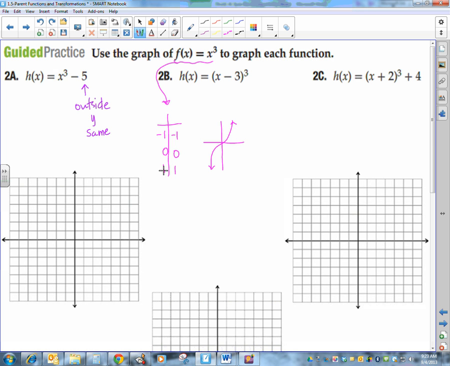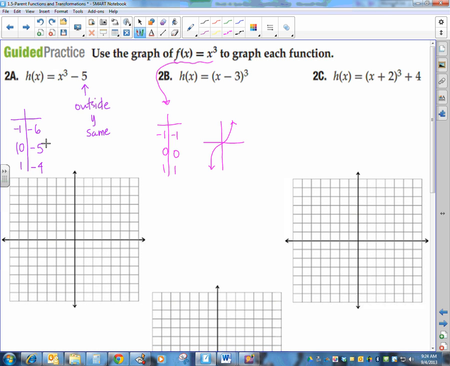So I'm going to take my key points, and my x values will stay the same, -1, 0, and 1. But I'm going to subtract 5 from every y value. So -1 minus 5, 0 minus 5, and 1 minus 5. And then I plot those points.